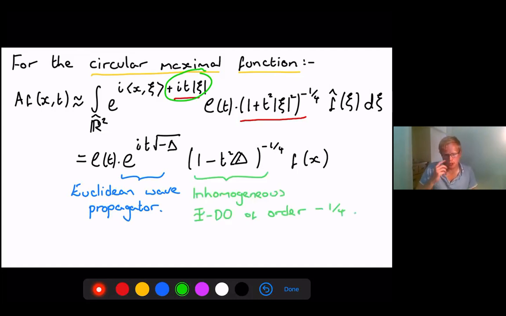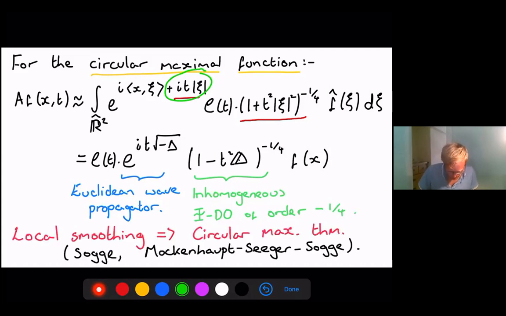So this formula relates the study of these circular averages to solutions of the Euclidean wave equation. This connection was well fleshed out and exploited in works of Sogge, Mockenhaupt, Seeger, Sogge from the early 90s.